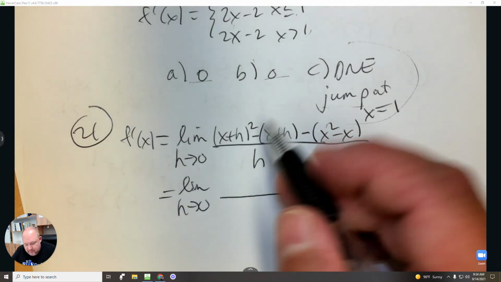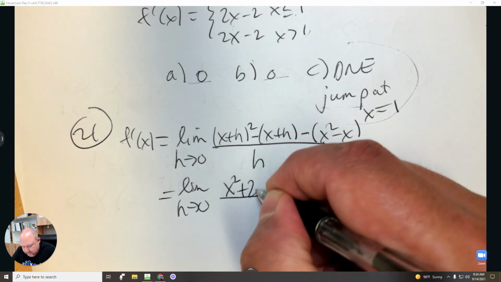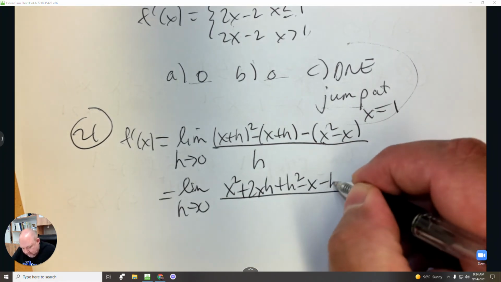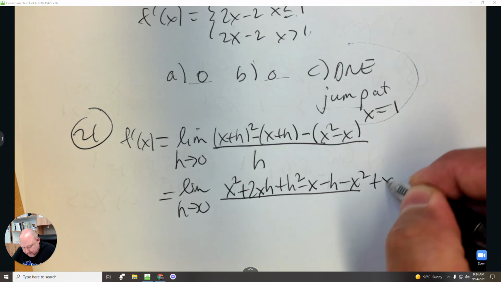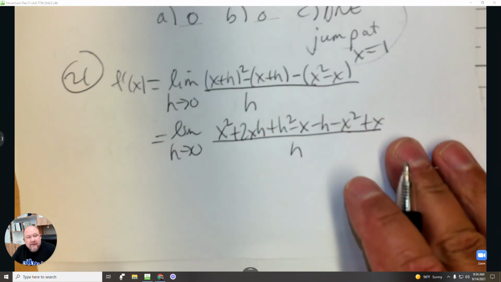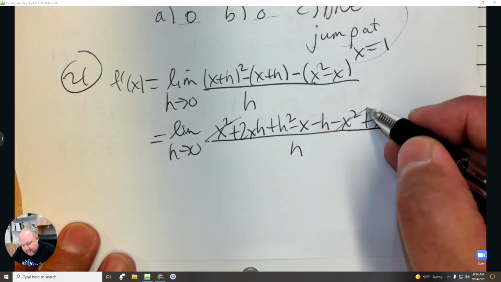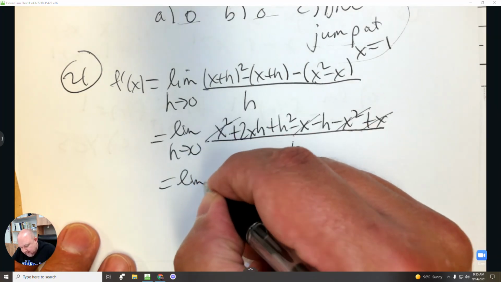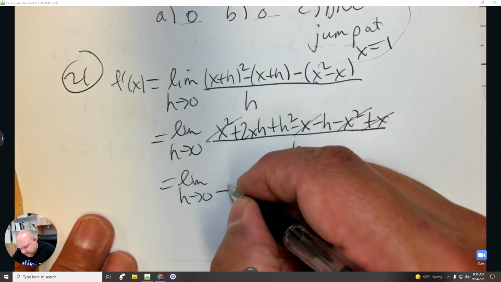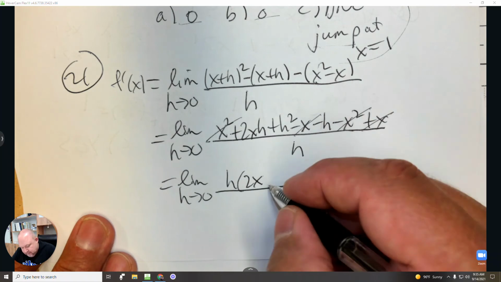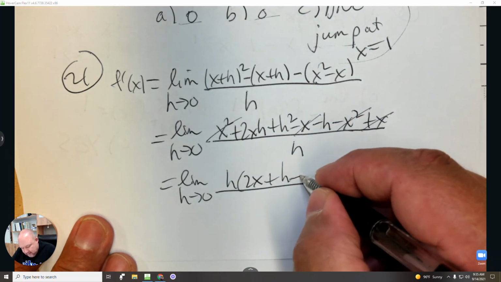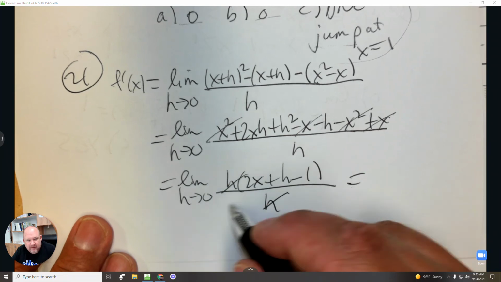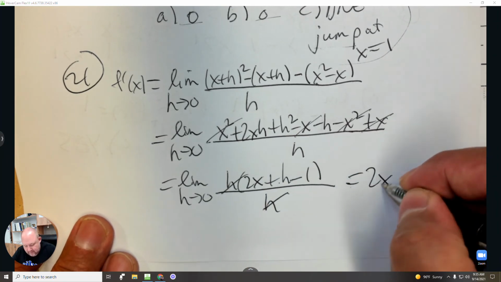So if I multiply this out, it's x squared plus 2xh plus h squared minus x minus h minus x squared plus x. x squared and negative x squared, negative x and x. And then I'm going to factor out an h. That leaves me with 2x plus h minus 1. The h's divide out, plug in 0 for h, and you have 2x subtract 1.